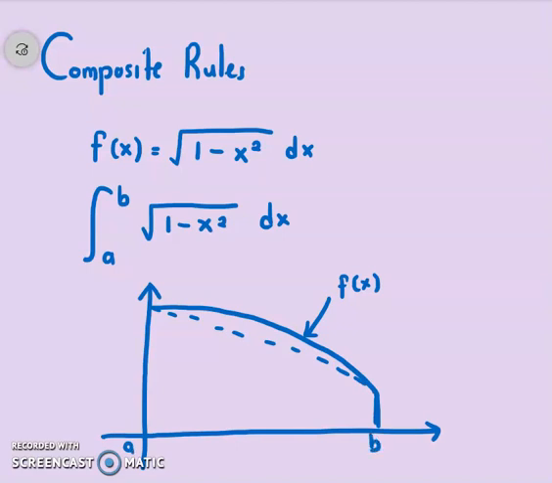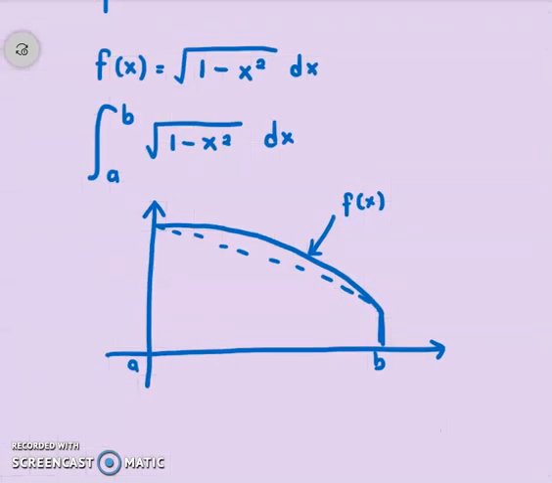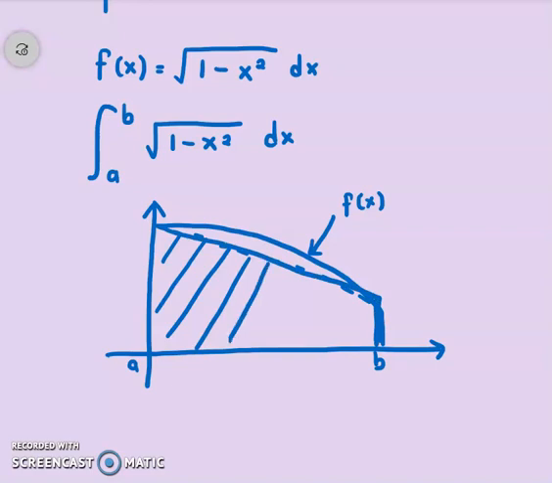We can see here that the area we obtain by using the trapezoidal rule is not fully covered. There's some balance left, so your solution will not be accurate.